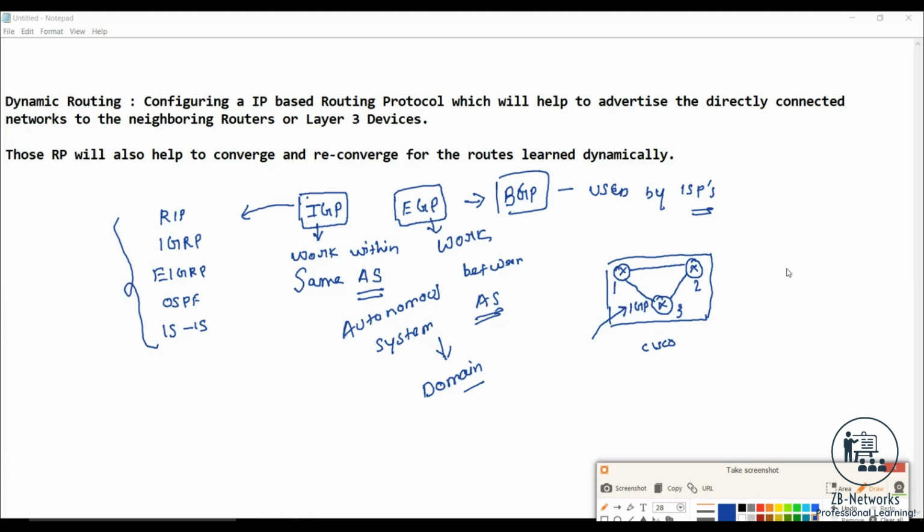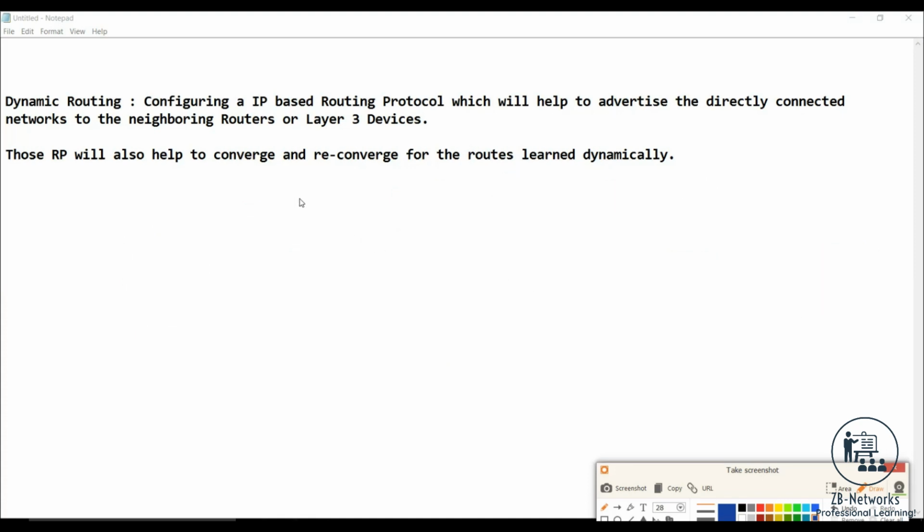Might be we have another domain over here. So we're talking about IGP. IGP is within the AS and EGP is between different AS. So you have a domain of, as I've told you, Cisco, and some of the devices on that Cisco domain want to connect to another domain. Let us say this is Airtel, or whatever different domain you consider, right?